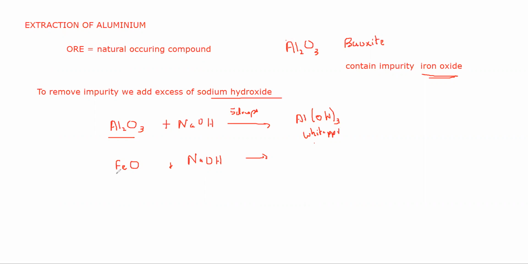And if you add sodium hydroxide to a compound which contains iron 3, what will be the observation? Yes, a rusty brown or red-brown precipitate. So when we add drops of sodium hydroxide to an iron compound, this will give a red-brown precipitate.